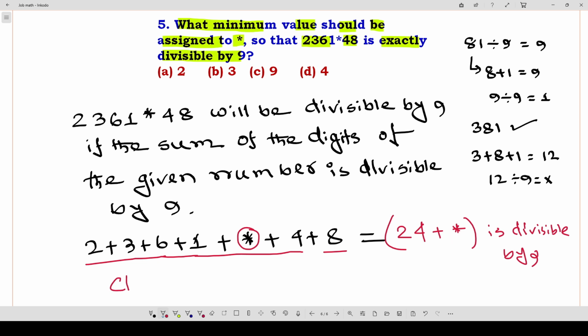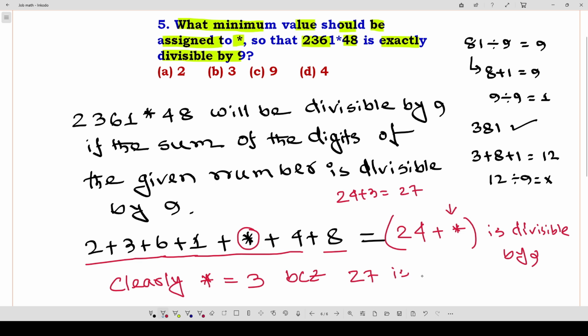So it's clearly star equals 3 because 27, if we put 3, so 24 plus 3 equals 27, which is divisible by 9. So our answer is option B, 3.